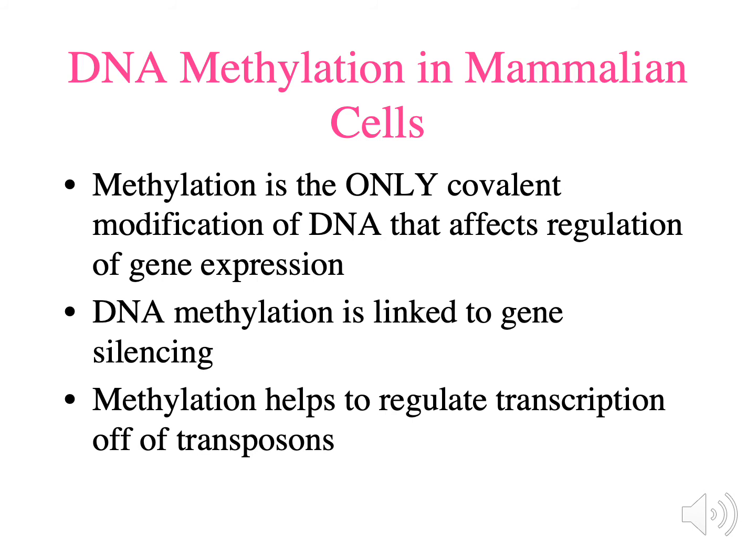This methylation is essential for mammalian development. So when we talk about development and the things that are going to regulate gene expression during development, being able to have DNA methylation is essential to that process. DNA methylation is linked to gene silencing, and so very characteristic of different stages of mammalian development is the fact that certain genes are turned off at specific times, and that's really critical to normal development. And finally, methylation helps to regulate transcription off of transposons.